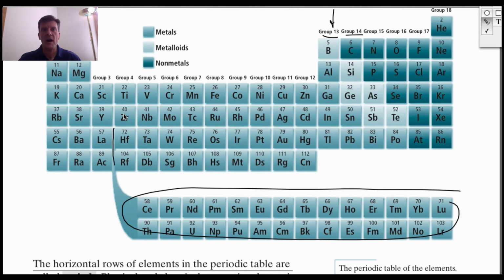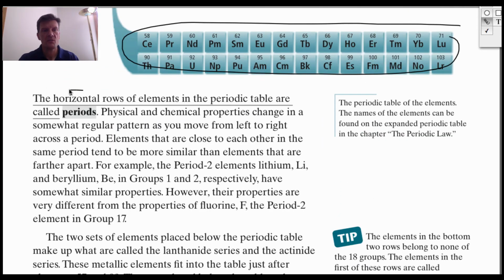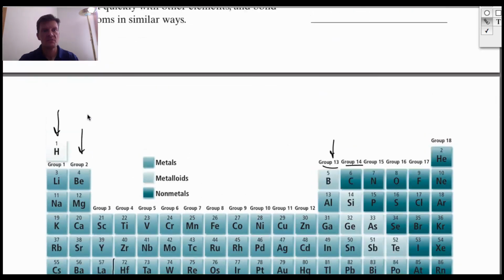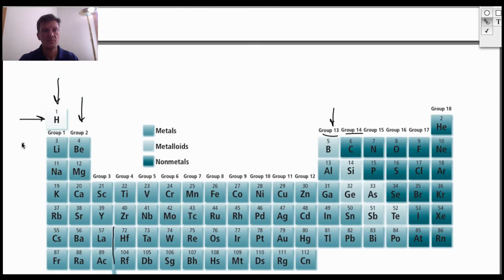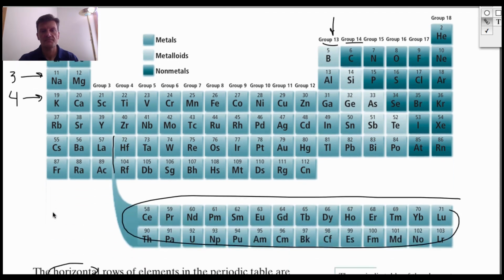It's actually wider than it appears, but sometimes it's pulled out in order to make it easier to put on a piece of paper. As mentioned, the horizontal rows are called periods. So this is period 1, period 2, period 3, period 4, and so on. 5, 6, 7.